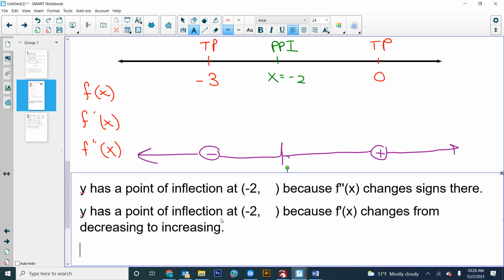Now, because it's a point of inflection, you could also say y has a point of inflection at whatever, because f of x. Oh, that's sloppy. I apologize. I started off calling it y, and then I called it f double prime.